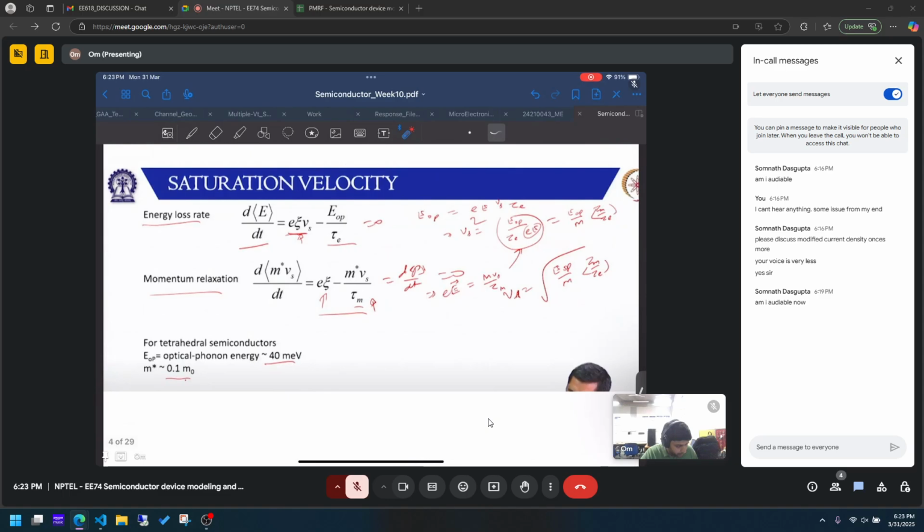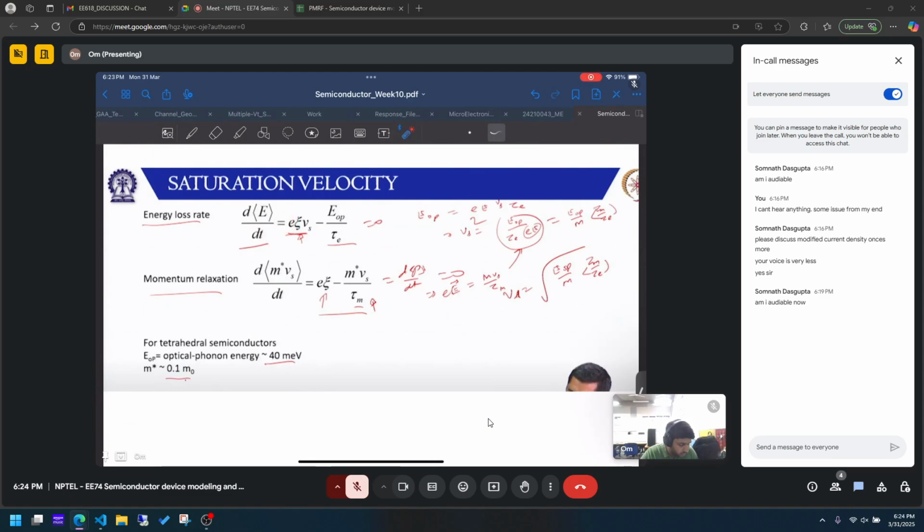So these are like momentum balance and energy balance equations, you can say. What this just means is the change in energy of an electron equals what force you are applying to it. This is velocity, Vs is velocity, E is the electric field, q is the electron charge.